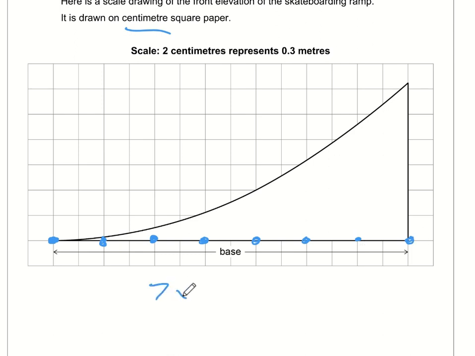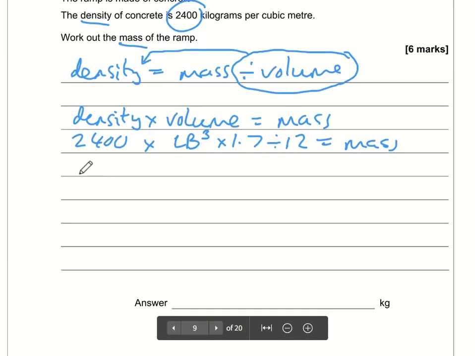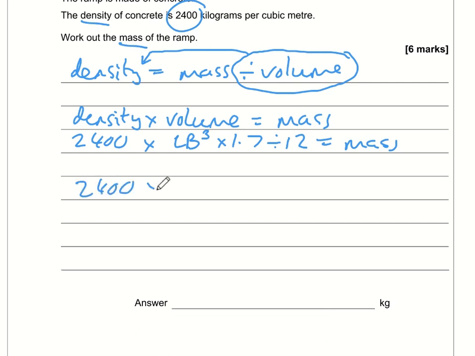So that's going to be 7 times 0.3, which is 2.1 metres. So the length of the base is 2.1 metres. So our calculation is 2,400 multiplied by 2.1 cubed multiplied by 1.7 divided by 12. And if you type that into the calculator, you should end up with 3,148.74 kilos.